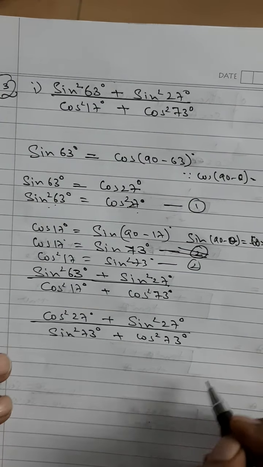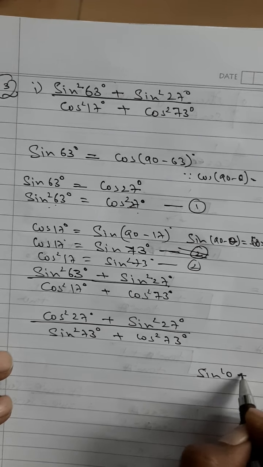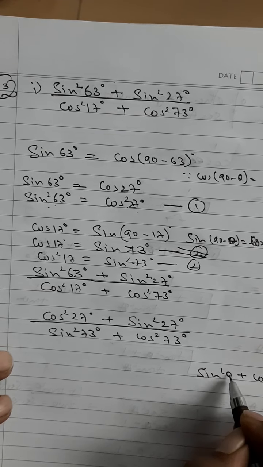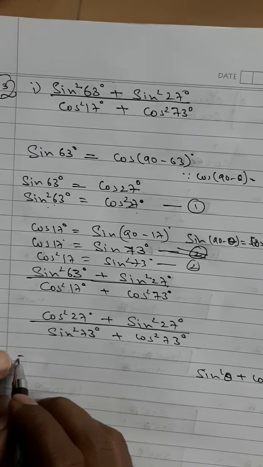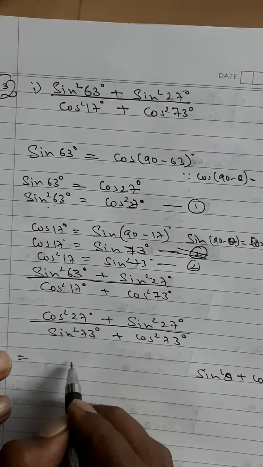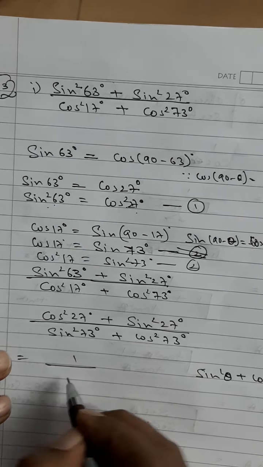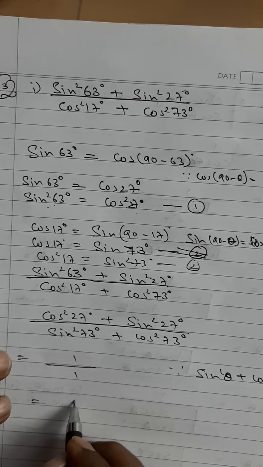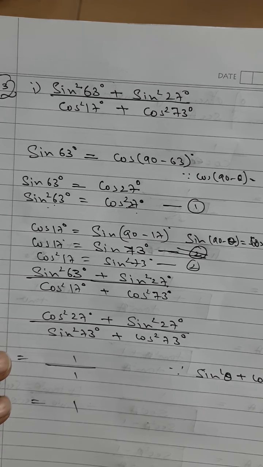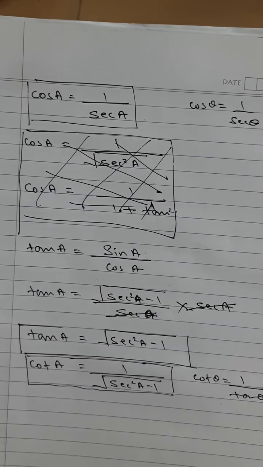Now I know sine square theta plus cos square theta by identities is equal to 1. So cos square 27 plus sine square 27 will be 1. This is also 1, since sine square theta plus cos square theta is equal to 1. The answer is 1. Okay, so this is the value of the solved one.